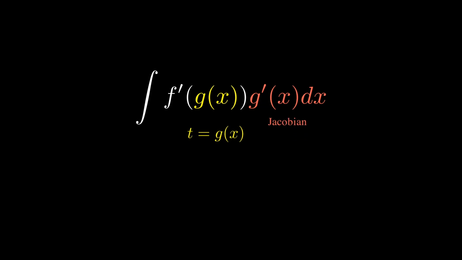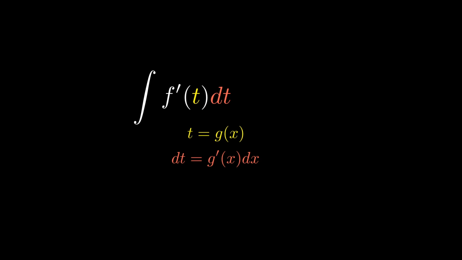When you take this change of variable, you take the derivative with respect to t on the left-hand side, times dt, which reminds us that we differentiate with respect to t, and on the right-hand side instead, we take the derivative with respect to x, so in this case g prime, times dx, which reminds us that we differentiate with respect to x. Now we have this equality: dt equals g prime dx. We can substitute that, and just like that, a really complicated integral became something really easy.